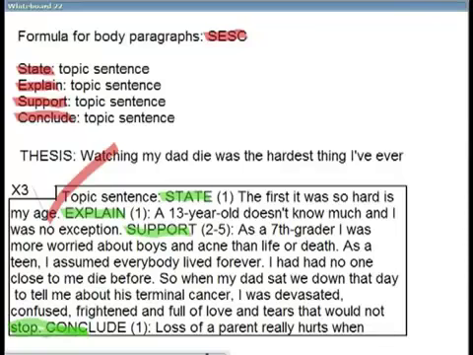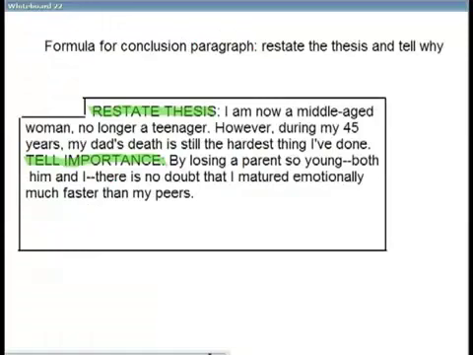You would have to do 2 more of these to make a complete 5-paragraph essay, but we did one where we stated our topic: the first reason it was so hard is my age. You explain that: a 13-year-old doesn't know much, and I was no exception. Then you supported it, and there is where you give your memory or your details, and then you conclude by referring back to the topic sentence.